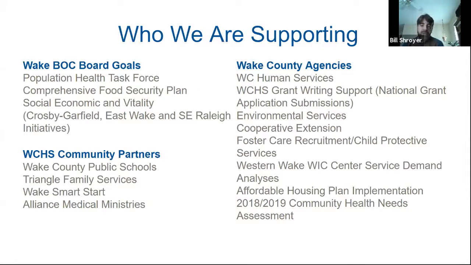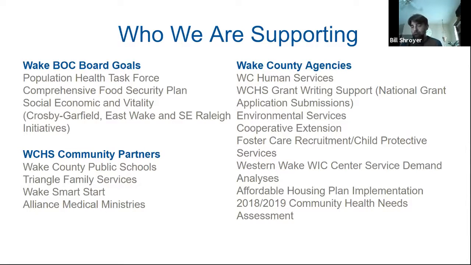Here are some of the continuing support agencies that we are still working with: the Population Health Task Force, Comprehensive Food Security Plan, public schools, and some of our other community partners, and then internal agencies like our Wake County Human Services.